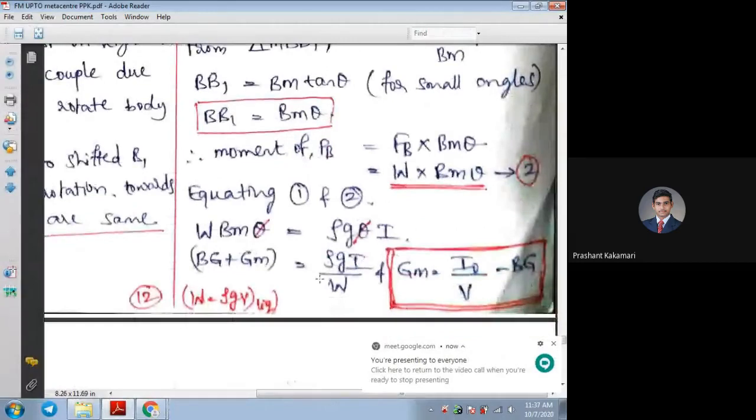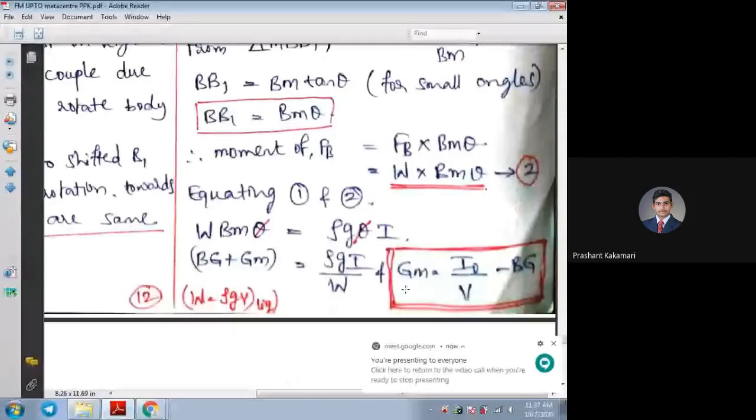So here you can see, once we equate these two moments about O and about B, what we are writing? We are equating rho g theta I equal to W into BM theta. Theta is common in both the terms, so theta can be cancelled. The difference between the buoyancy point and the metacentric point is written as BG plus GM.